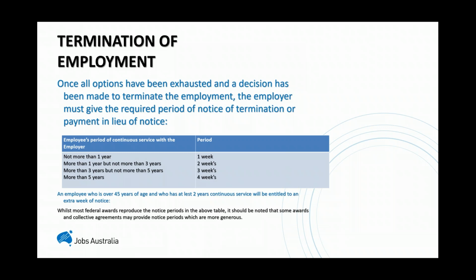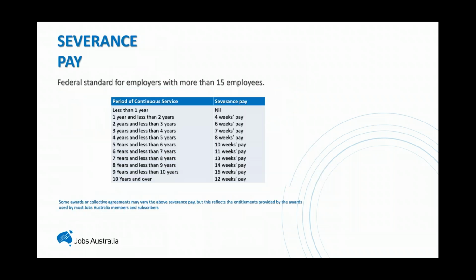If the employee is not required to work the notice, you can terminate early and pay in lieu the balance of notice. So that's an option as well. But please check for any other contractual obligations that may be sitting in the contracts for affected staff. So that's critical as well.